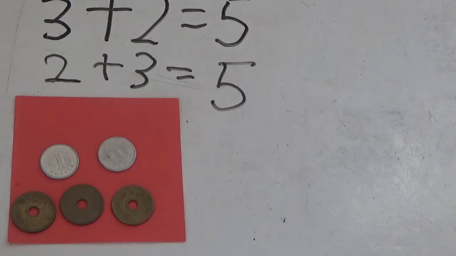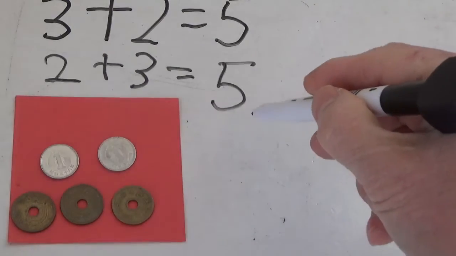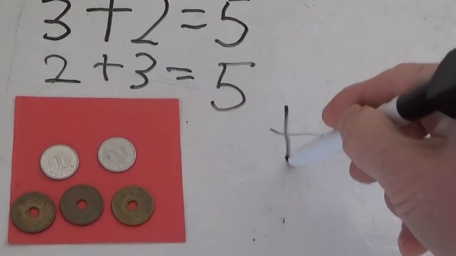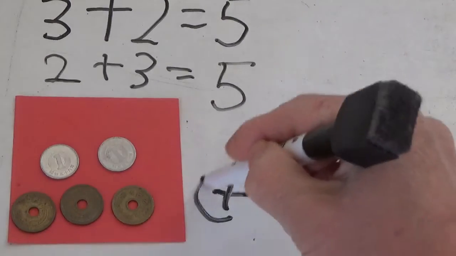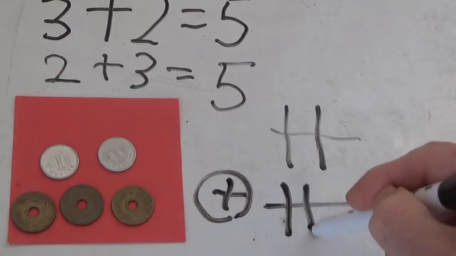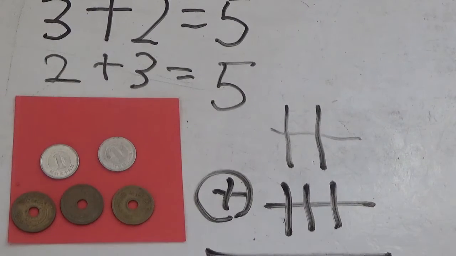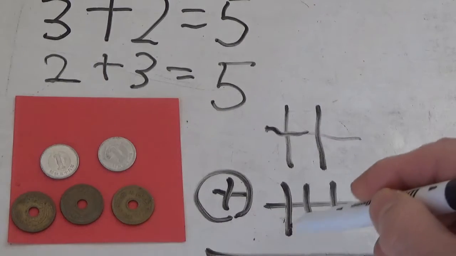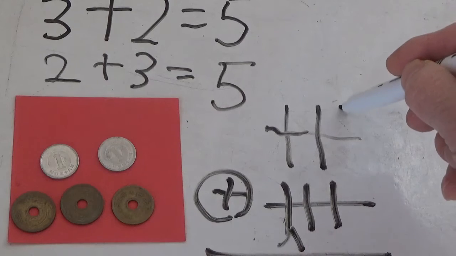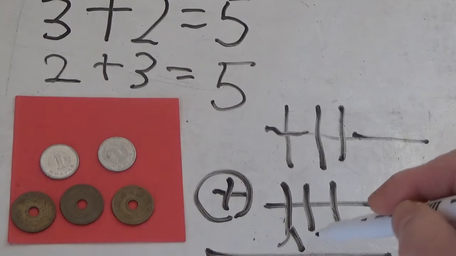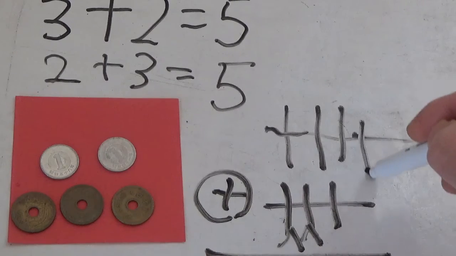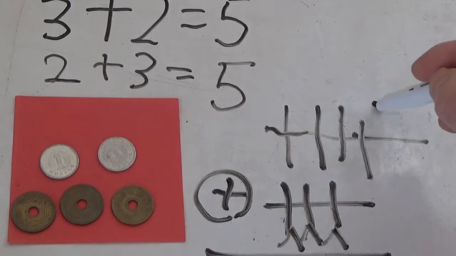Let's try addition by lines. Yes, 2 plus 3. Okay? Let's join. First, I will join this one, and I will join this one. 1, 2, 3, 4, and join this one.